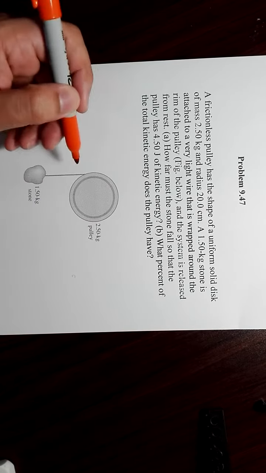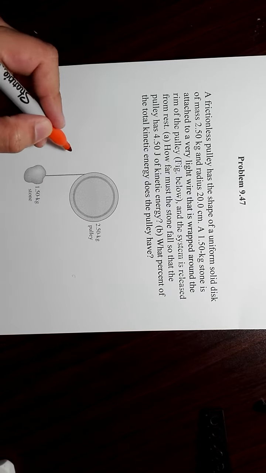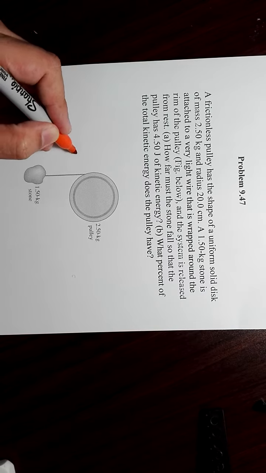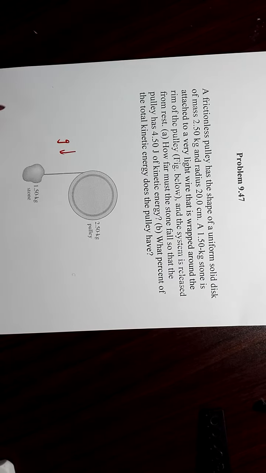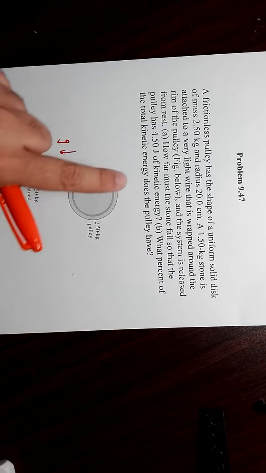Now the system is released, right? Gravity acts straight down. So when the system is released, the mass falls down and it gains kinetic energy. As it falls down, the pulley will rotate faster and the rotation will increase.